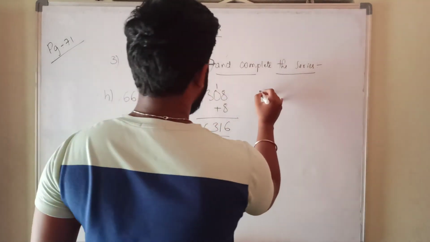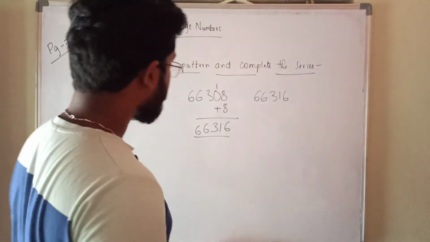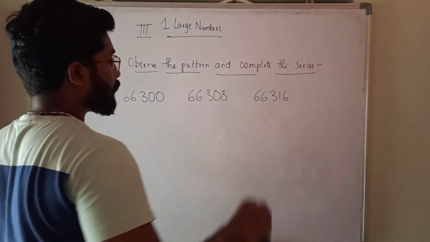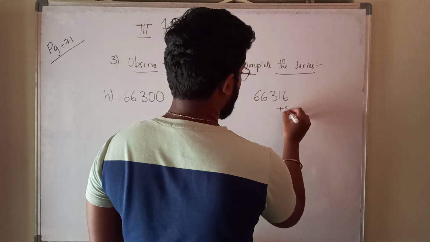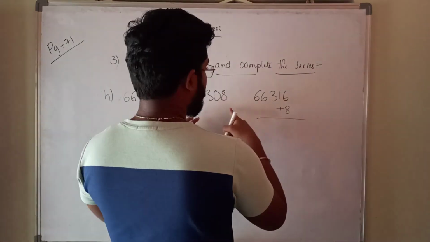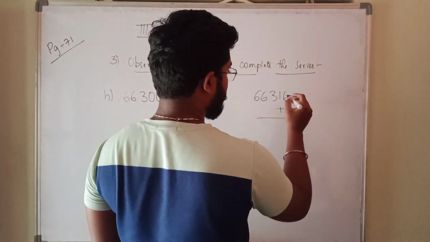Next one is what? 66,316. Okay. If you get confused, you have to do the process. Don't add directly. If you are getting confused, you have to add like this. Okay. Next one, to get the next number, you have to add 8 to 66,316.